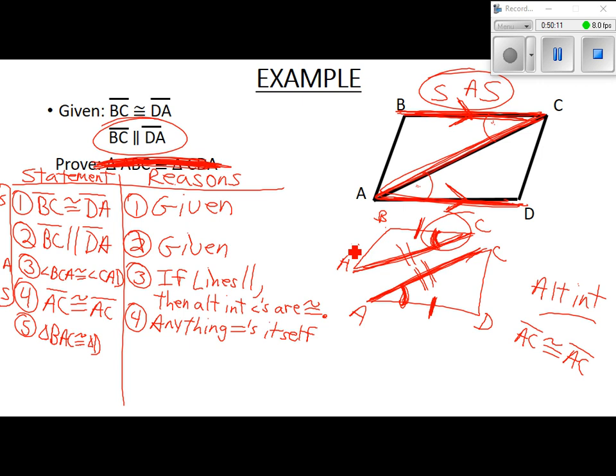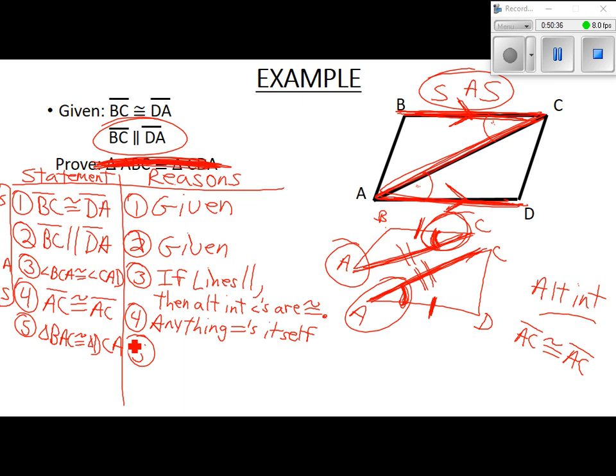A matches up to what in the other one? C. Notice neither one of those two are marked. And then this C up here is marked with the one arc, so it matches up to what in the other triangle? A. BCA. So you have to make sure you're matching them up correctly, because this one sort of spins around to match them up instead of just flipping.